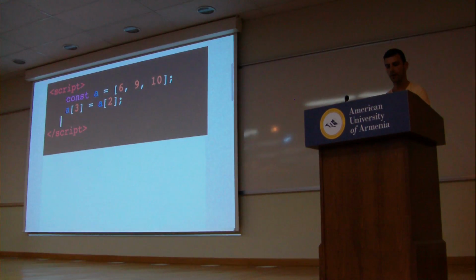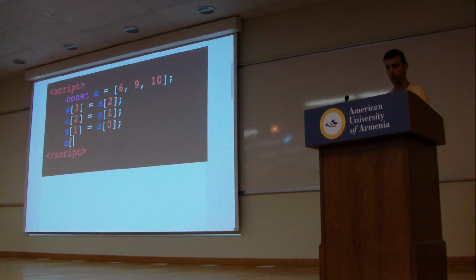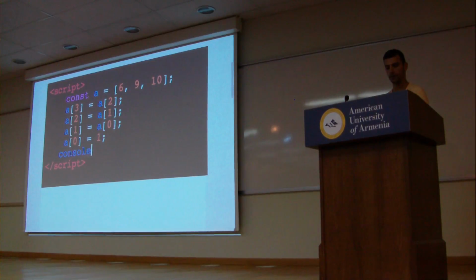Then A of 2 will become A of 1... no, A of 1 will become A of 2. And then A of 0 will become A of 1. And then A of 0 is now equal to 1. Right, so now I can do console.log.